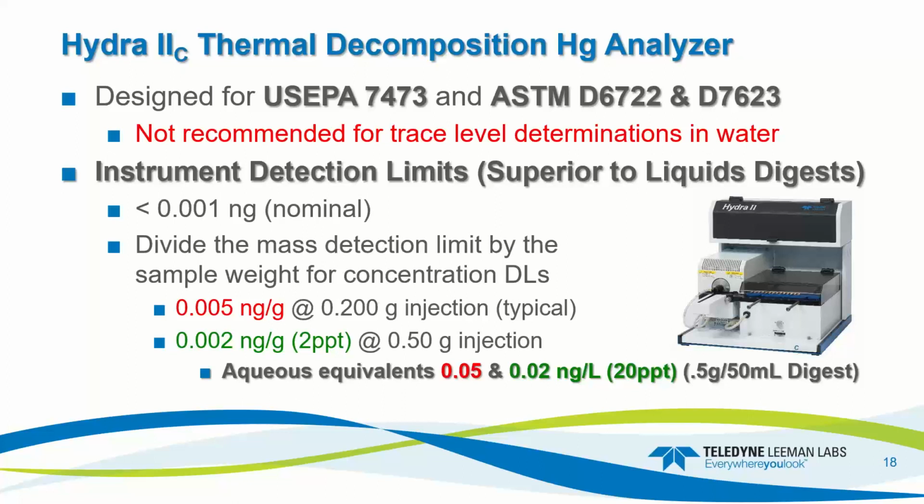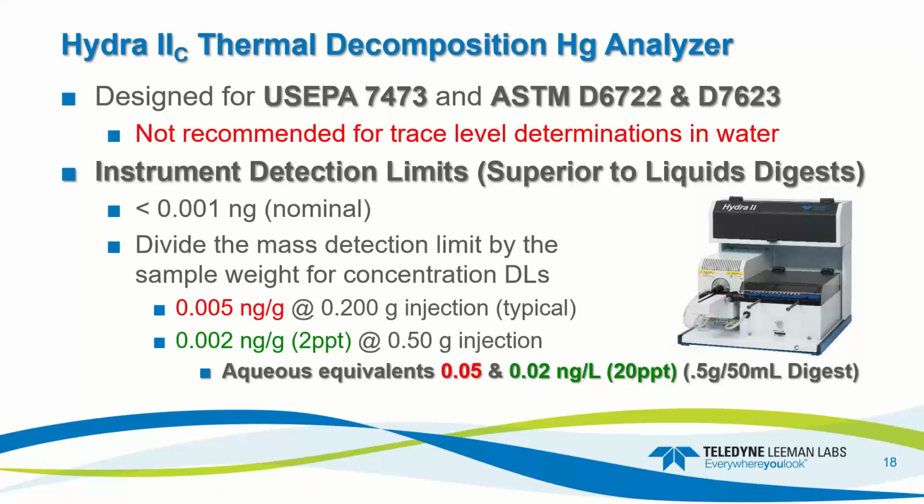Another huge benefit of using thermal decomposition is that the detection limits are superior to liquid digest. A typical detection limit is 0.001 nanograms. If you run the numbers on that, and you divide the mass detection limit by the sample weight introduced, you'll get the concentration for the detection limit.